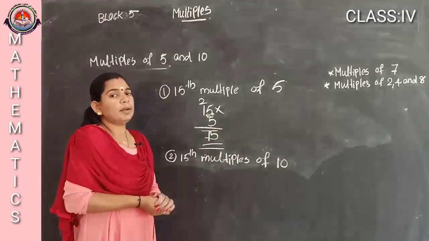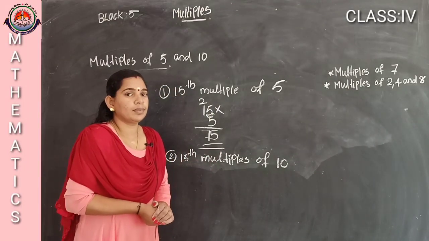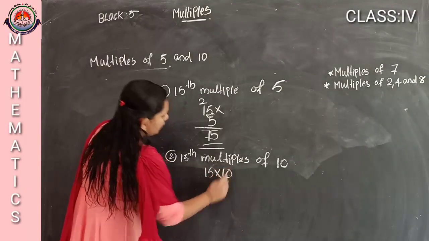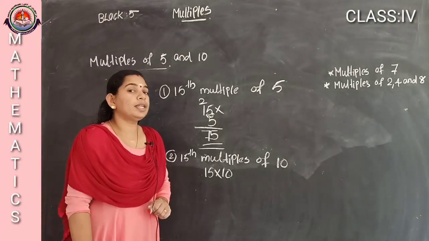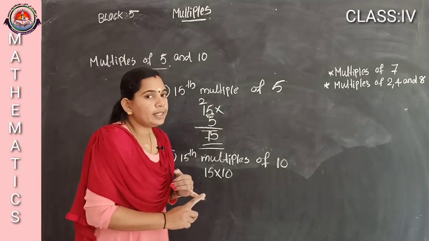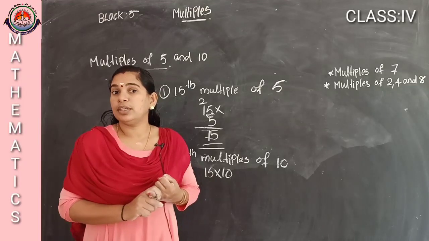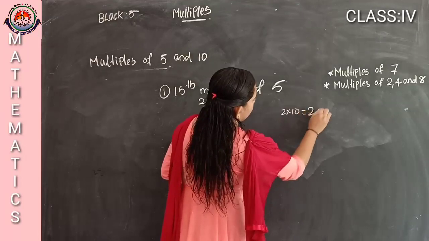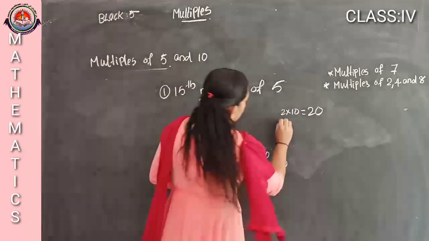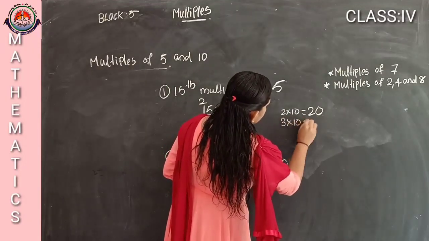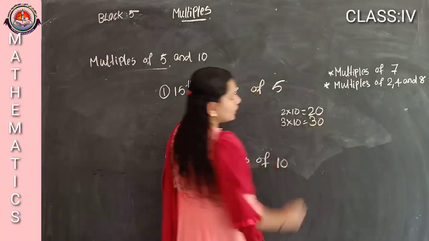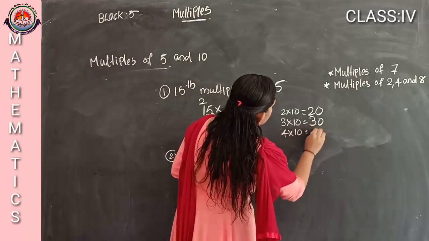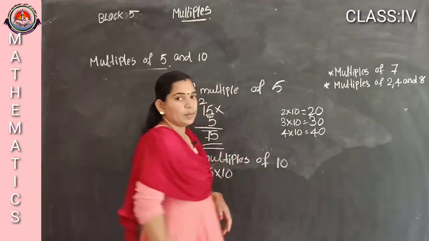Same way, the 15th multiple of 10. What is the 15th multiple of 10? It's very easy. 15 into 10. 1 into 10, 10. 2 into 10, 20: 2, then put 1 0. 3 into 10, 30: 3, then put 1 0. 4 into 10, 40: 4, then put 1 0.